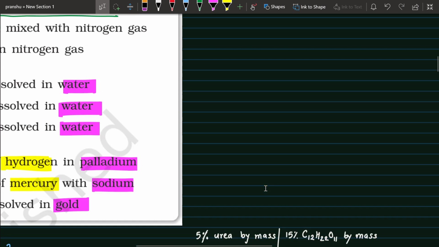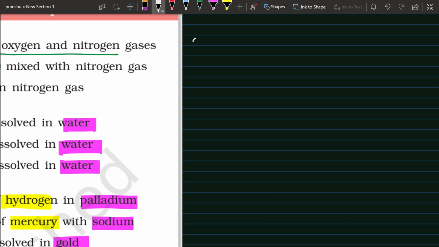Let's take an example. Suppose that we have question number 1 for the mass.